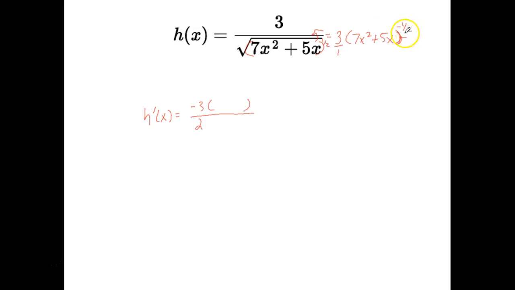So negative 1 minus 1, that would be negative 3 over 2. And remember, what goes in here? It's the stuff, right? You just leave it alone. Don't mess with it. 7x squared plus 5x. Okay, now we need to multiply it by the derivative of the inside. Derivative of the inside would be 14x plus 5.